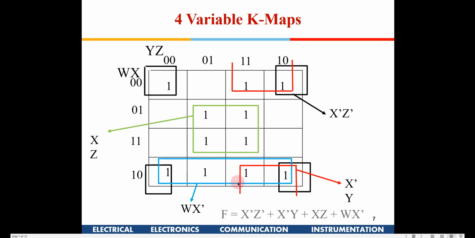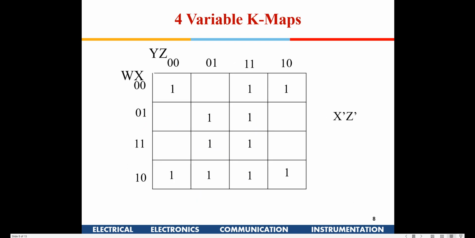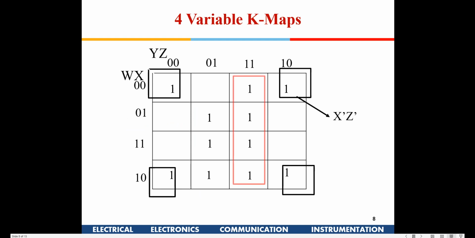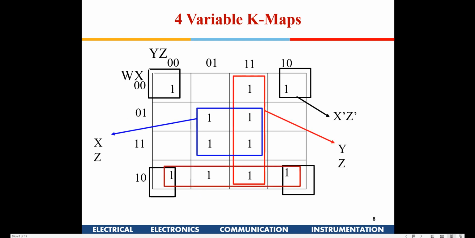So these are all the different possible combinations which are available when we are using K maps for simplification of 4 variable maps. This is showing one more possible combination. They are all the same.